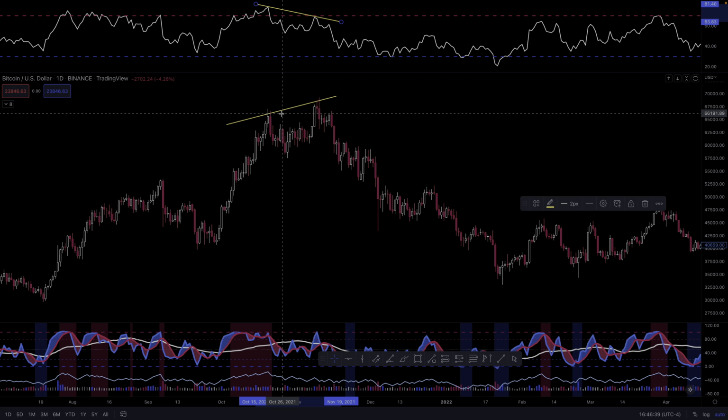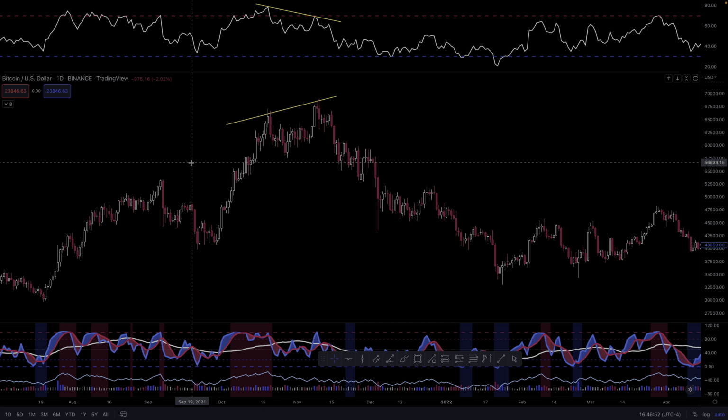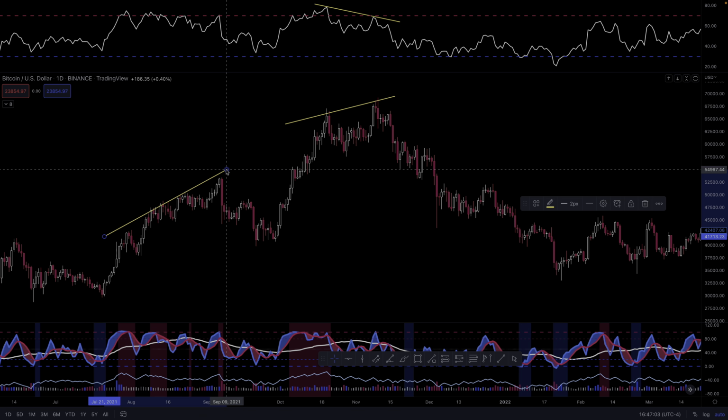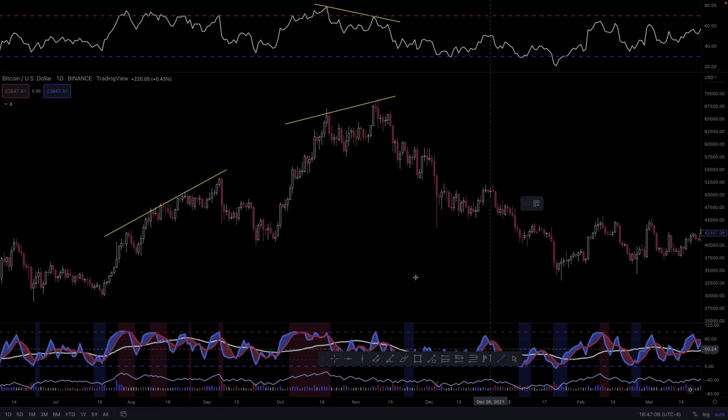They're a semi-advanced topic, but just know that that's another kind of divergence. Here's another bearish divergence. The price made a higher high, and the RSI made a lower high. And as you can see, price went down after that.